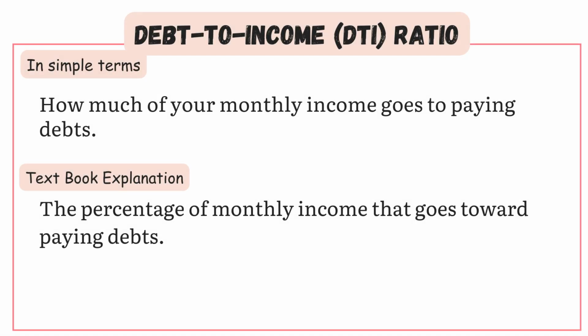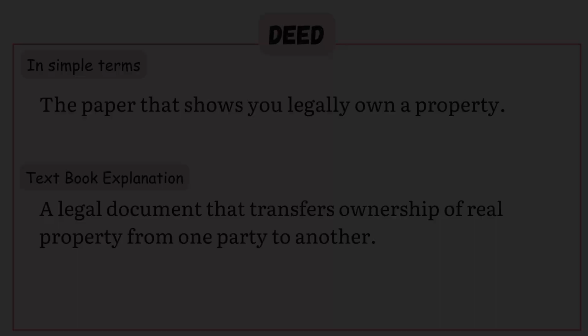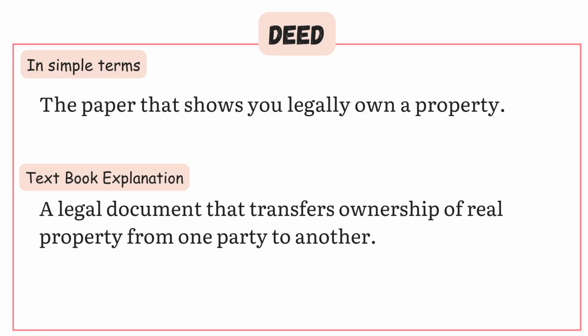Debt-to-income (DTI) ratio. In simple terms, it is how much of your monthly income goes to paying debts. As per textbook definition, debt-to-income (DTI) ratio is the percentage of monthly income that goes toward paying debts. Deed. In simple terms, it is the paper that shows you legally own a property.